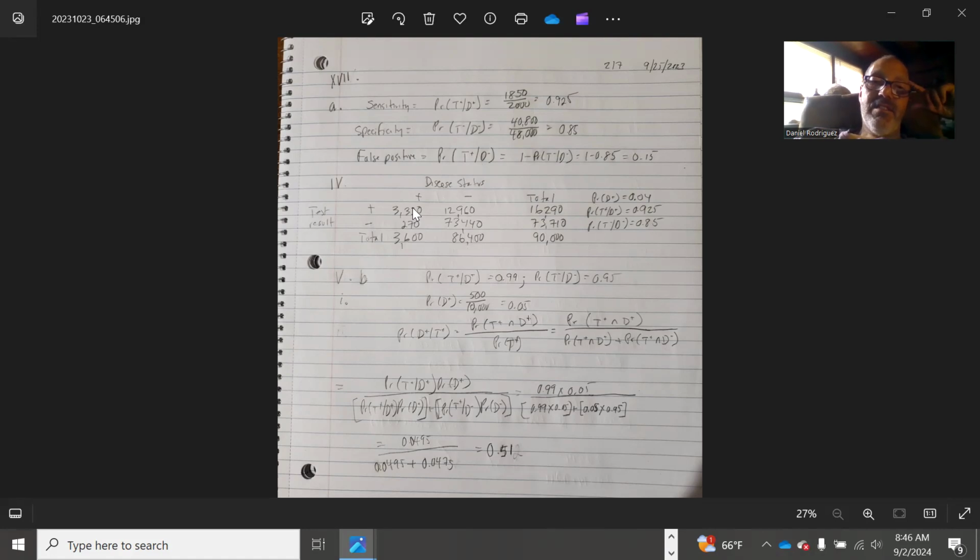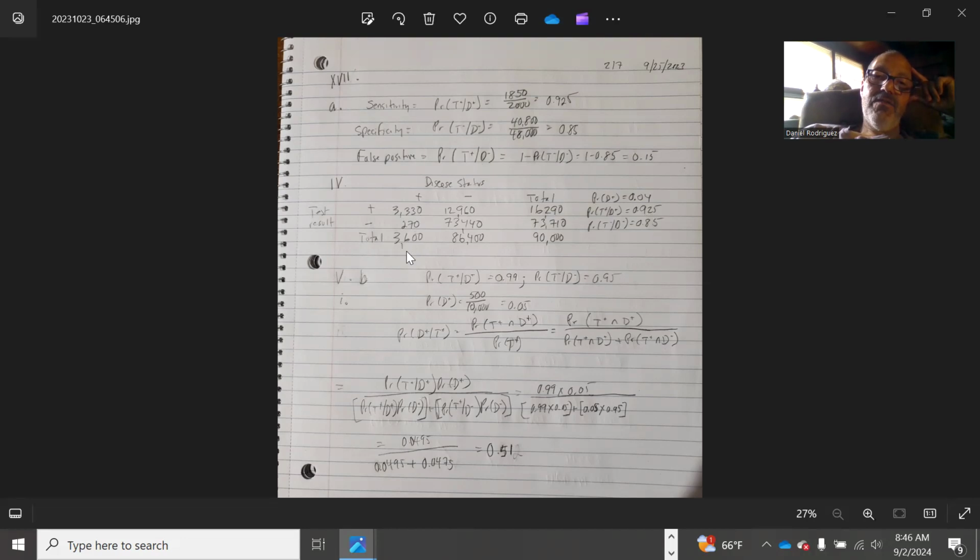Next step is to fill in these 2 cells. Well, these are the true positives, right? So we can work back from that sensitivity equation to fill this in. We know that the probability of testing positive given you're disease positive is 0.925. That means 92.5% of these 3,600 are true positives.